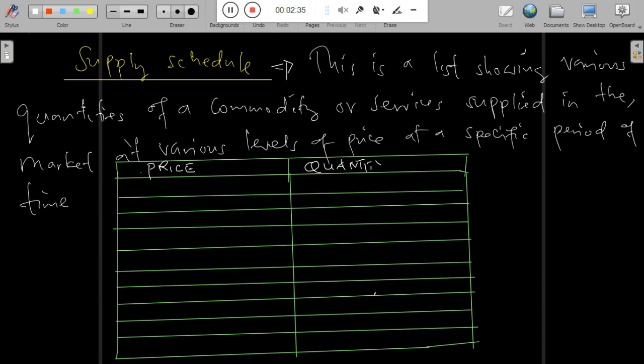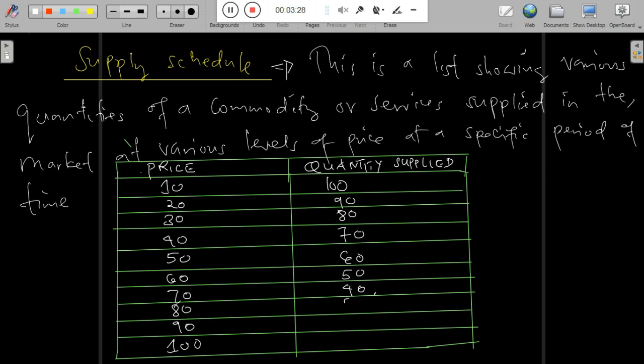So we have the price that is 10, 20, 30, 40, 50, 60, 70, 80, 90, and 100. And on the right hand side we have 100, 90, 80, 70, 60, 50, 40, 30, and also 20 and 10.